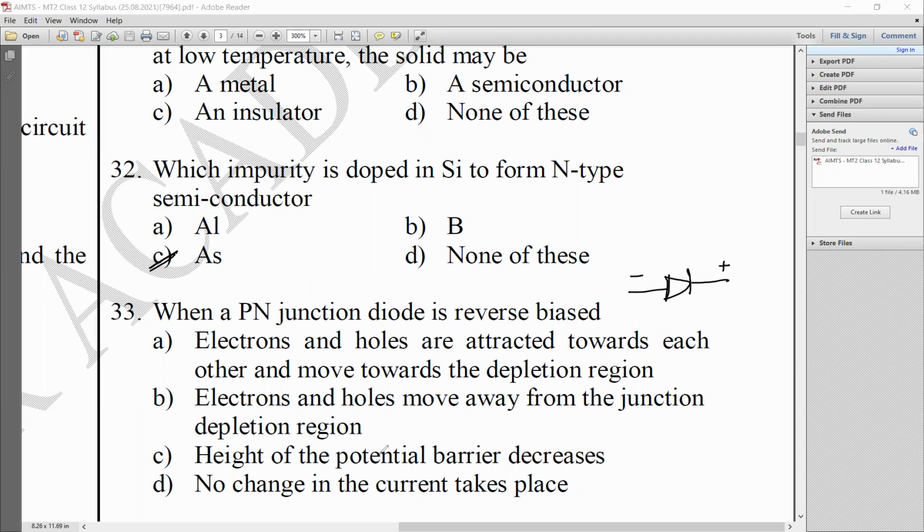Height of the potential barrier decreases, no change in current takes place: C and D are completely wrong. A, electrons and holes attracted towards each other: obviously they won't be, because the width of the depletion layer will increase. So B is correct. A is wrong because the width of the depletion layer has to increase. They will move apart. Next, question number 34.